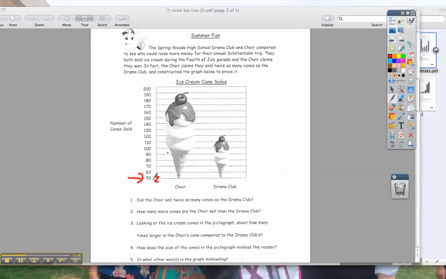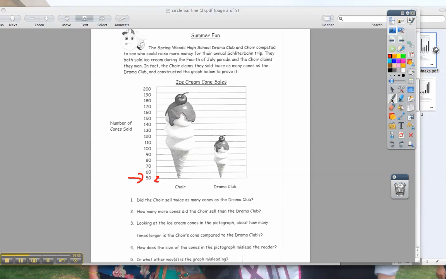So this graph is a misleading graph, and we're going to notice that when we read the questions later, that they purposely made this graph misleading so that you could tell some things that were misleading about the graph, and you could realize that sometimes graphs are purposely made misleading.